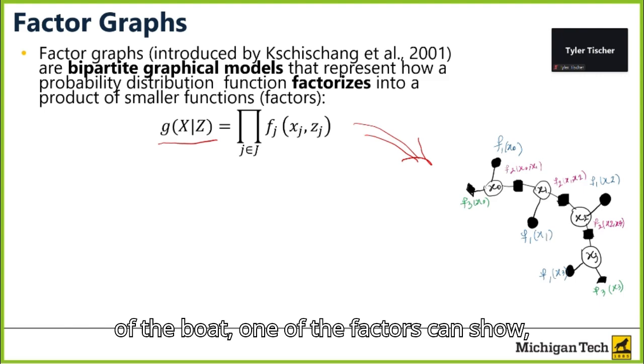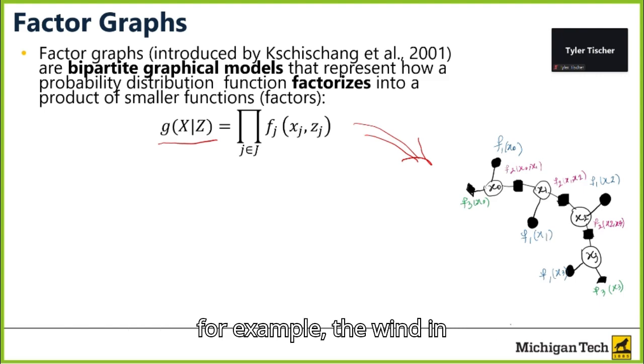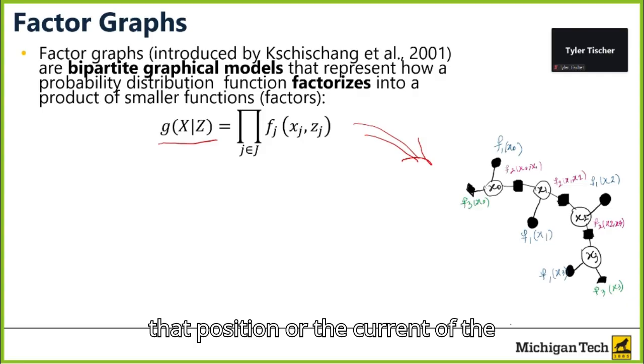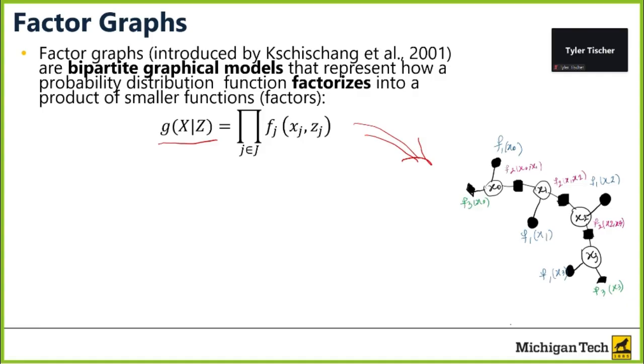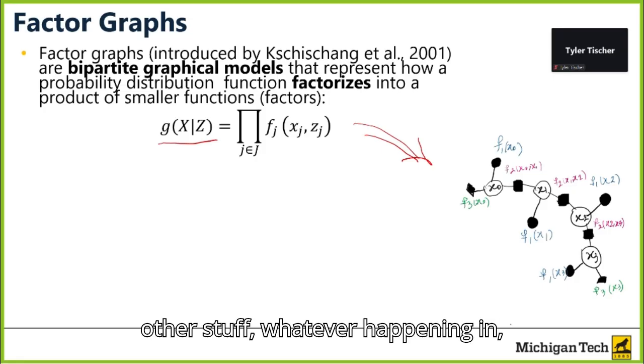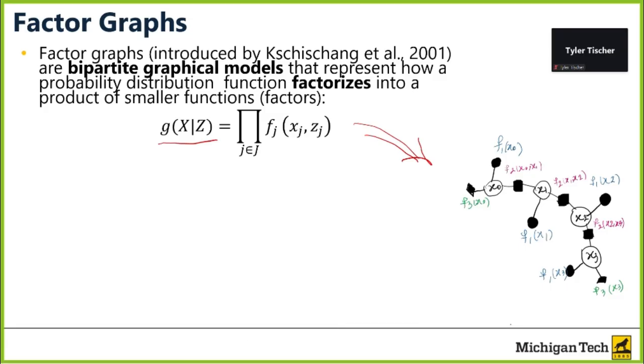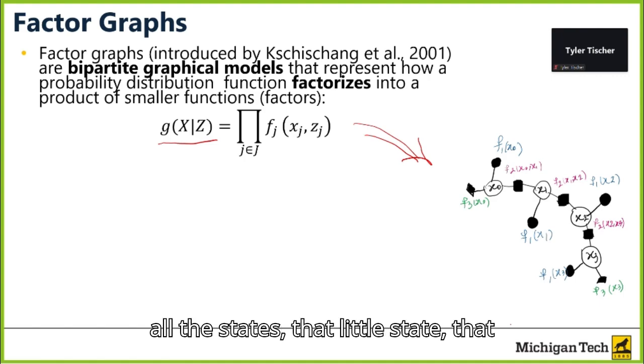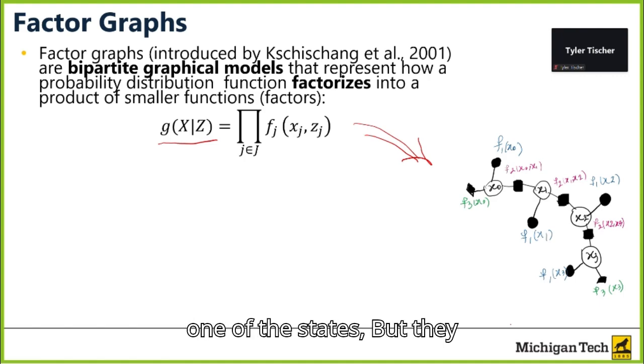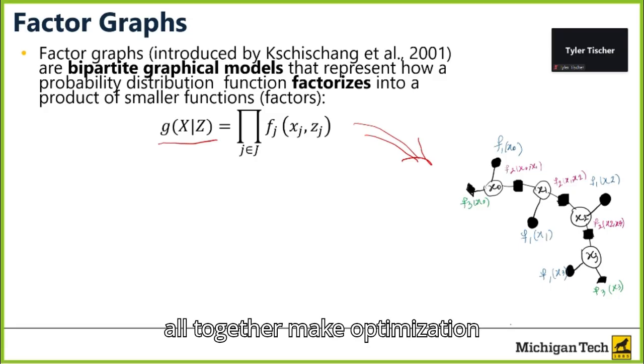One of the factors can show, for example, the wind at that position, or the current of the river or lake or ocean, or other stuff happening. That's why we call them factors, because they are affecting the state, but not all the states. But all together they make an optimization problem very nicely.